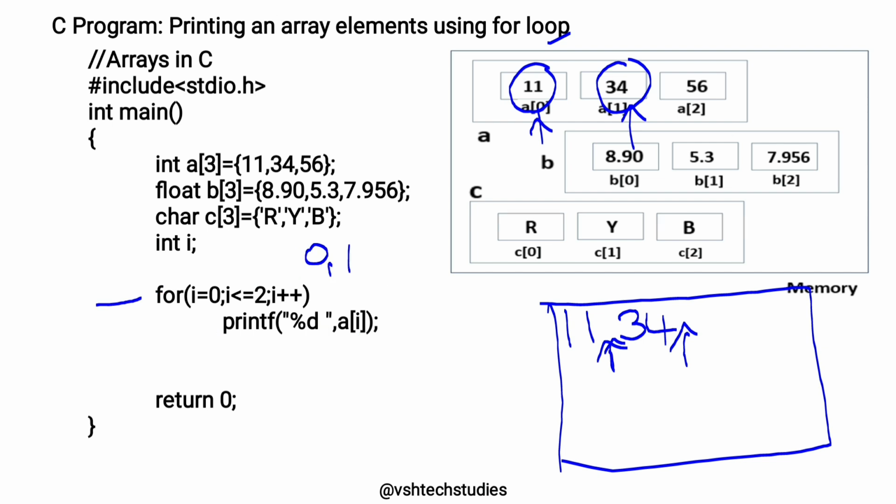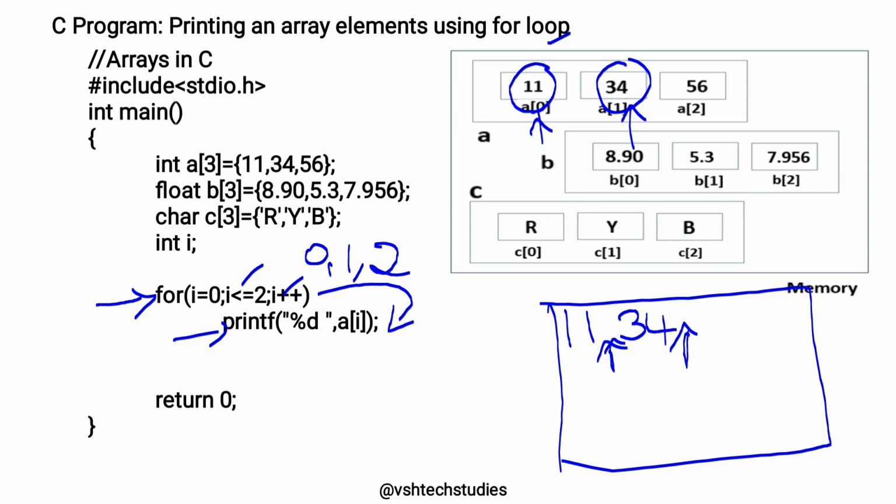Next, again when control comes back to the for loop, that is after the second iteration, i is incremented. It was 1, now it is made 2. The condition is checked. Is 2 less than or equal to 2? Yes, it is true because i is equal to 2. So again the control enters the loop body, that is the printf statement.